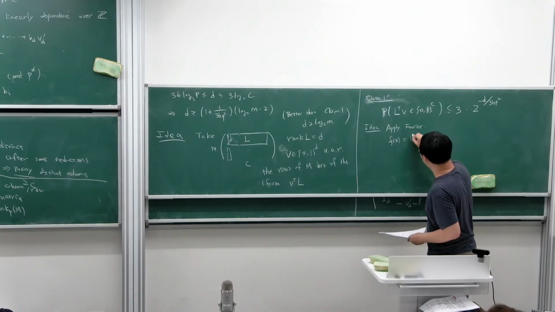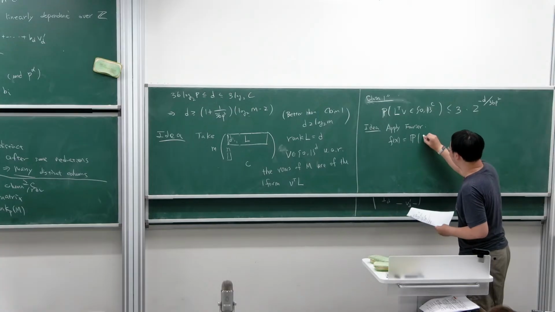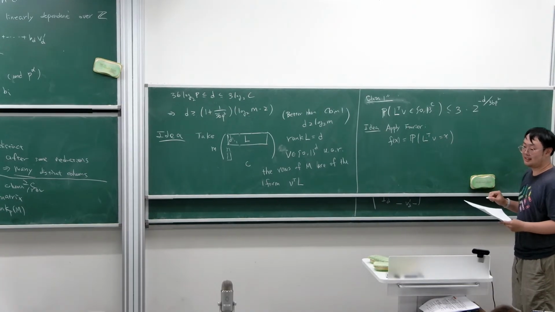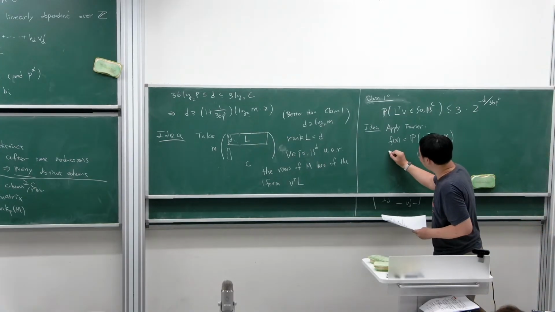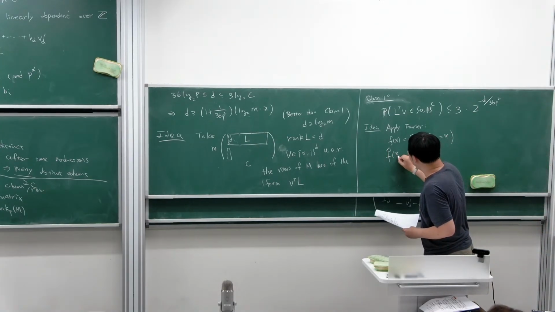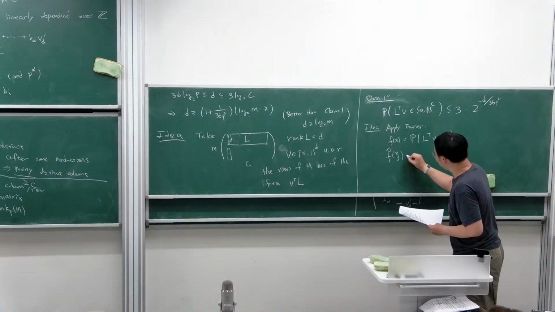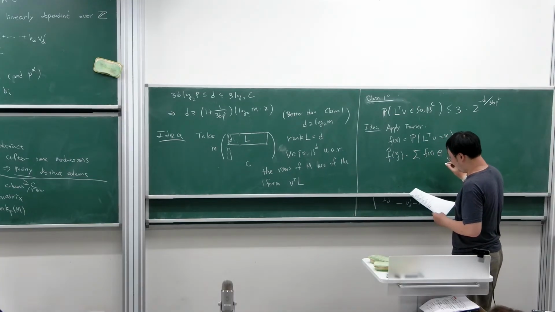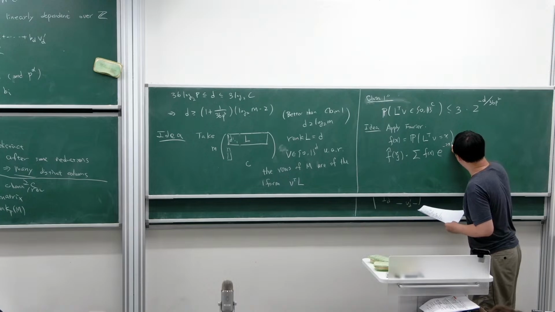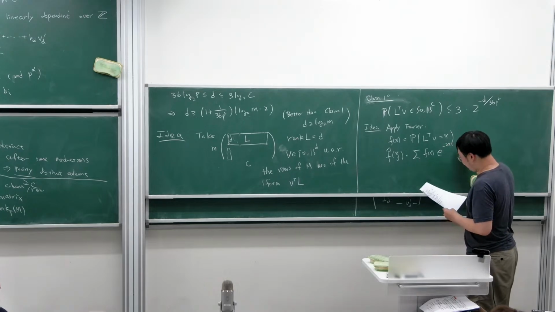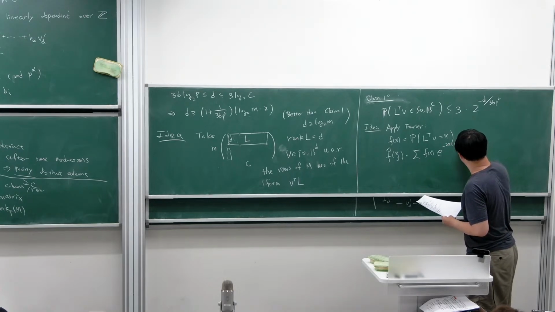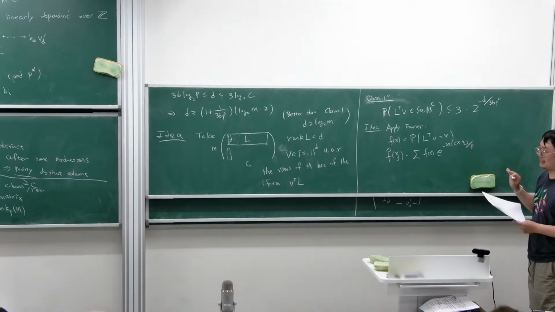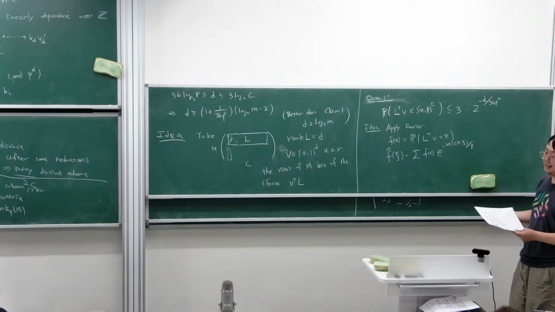So you set f of x to be the probability that L transpose v hits this particular vector x. And you look at the Fourier transform of this function. So it's defined to be just f of x times e to the negative 2 pi i times the inner product of x with c over p. So this is the standard Fourier transform over F_p.